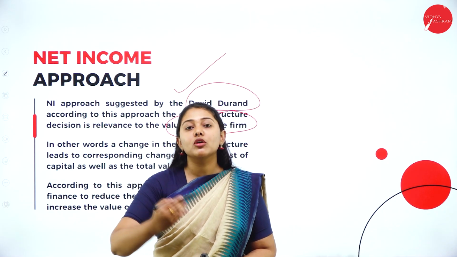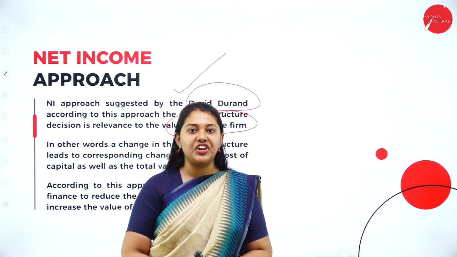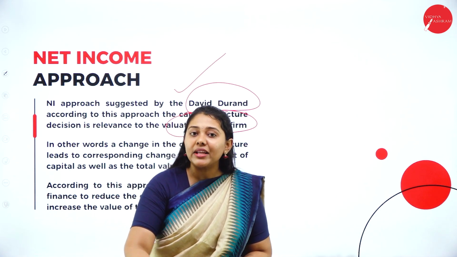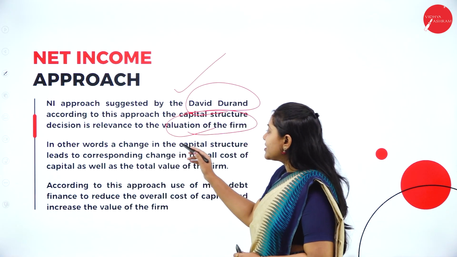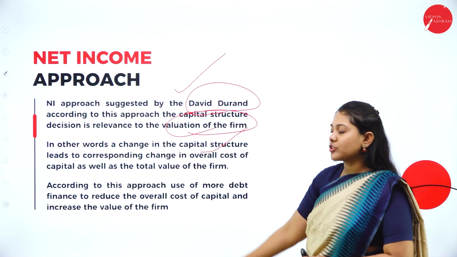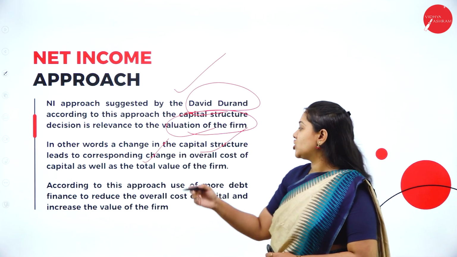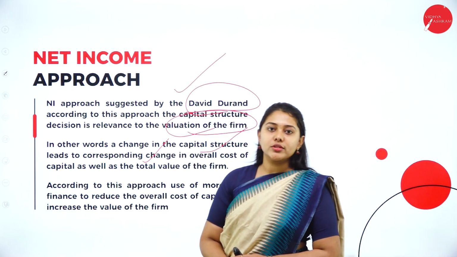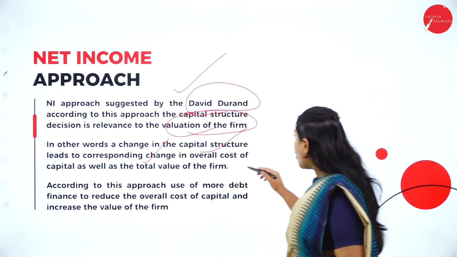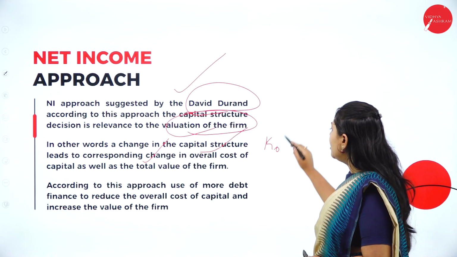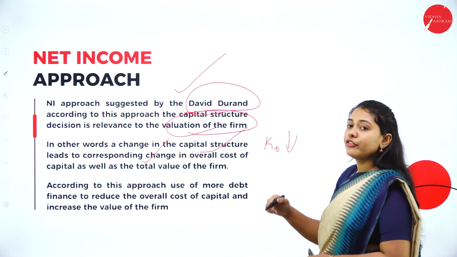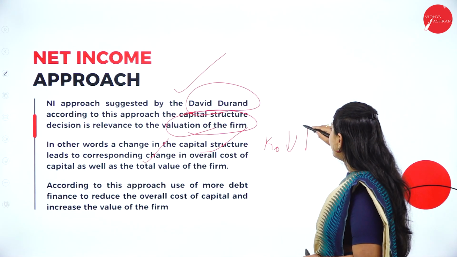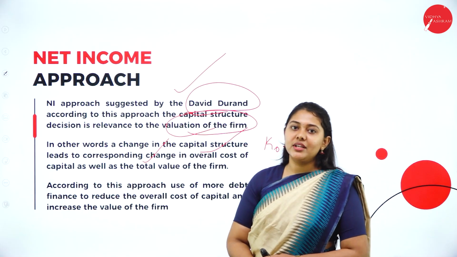At the same time, the cost of capital will reduce. That is what they mean to say. In other words, a change in the capital structure leads to a corresponding change in the overall cost of capital. Your overall cost of capital will decrease if you use more debt finance in your capital structure.